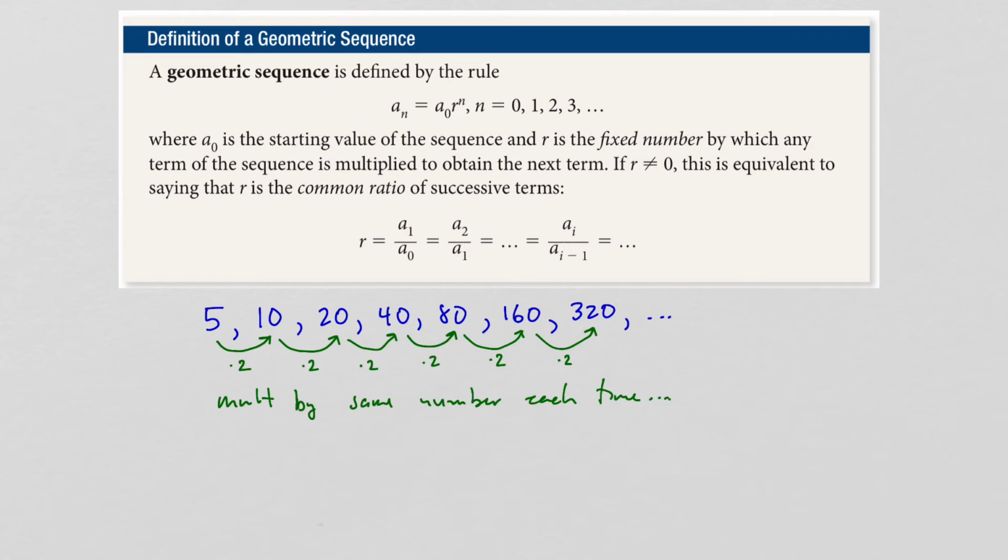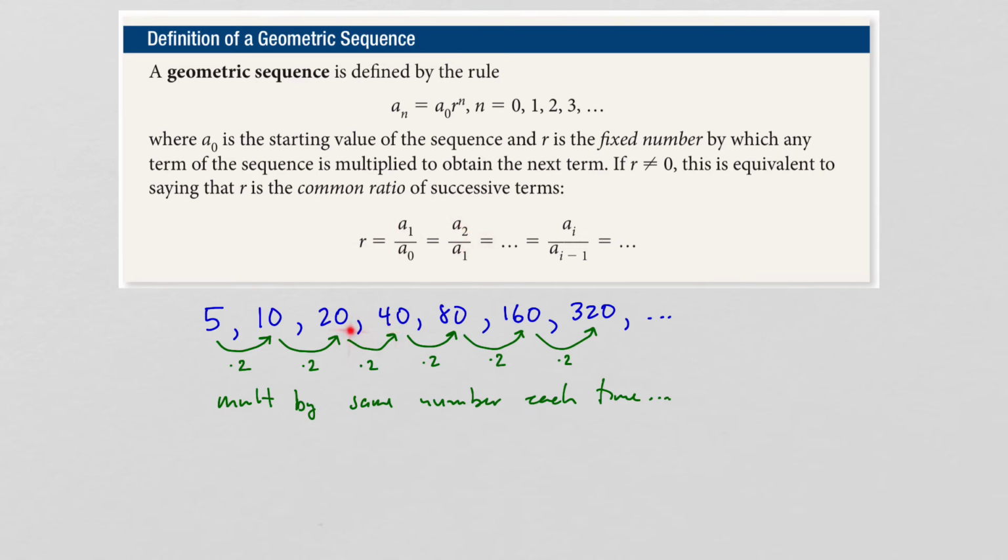So if you have the terms of a geometric sequence, one way to get that common ratio that we call r is to just ask yourself, what would I have to multiply 5 by to get 10? That's relatively simple. But the other way to do it, if you look at the formula up here, is you could just take any term divided by the term before it.